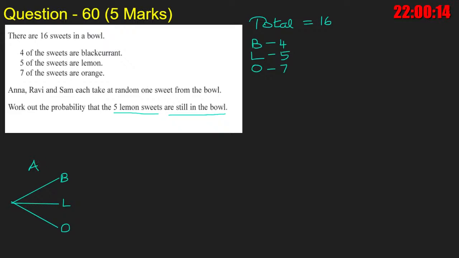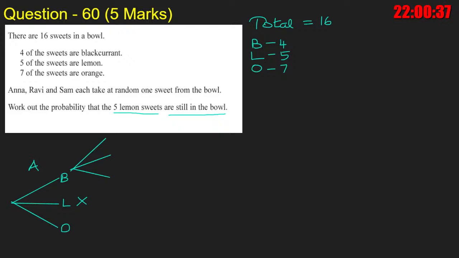Right? So now second, Ravi is going to attempt. So Ravi is going to have 3 chances here. And for lemon, I put a cross. This branch is not acceptable because if you take 1 lemon, the number of lemons is going to be reduced. So that branch cannot be acceptable.